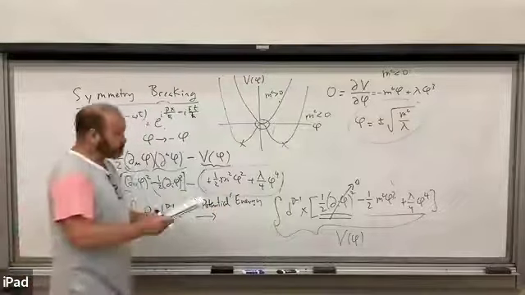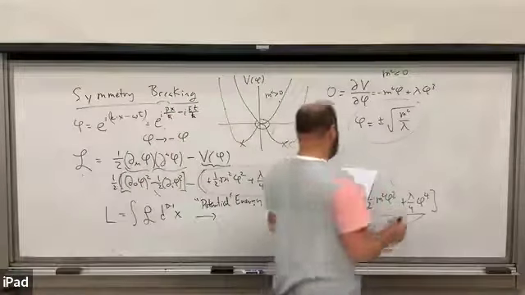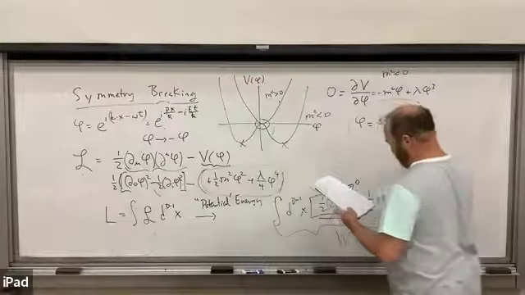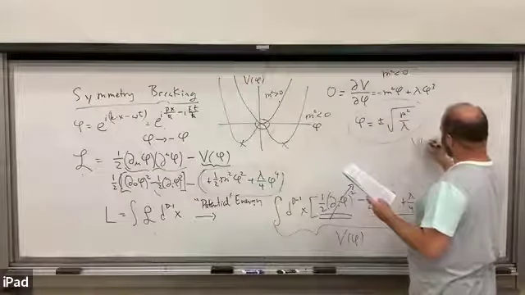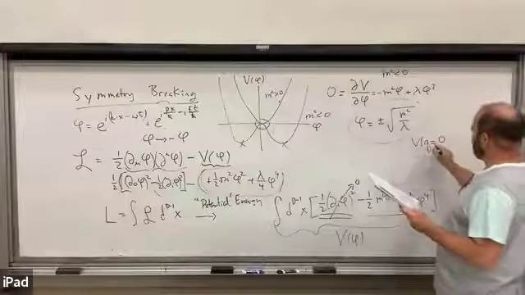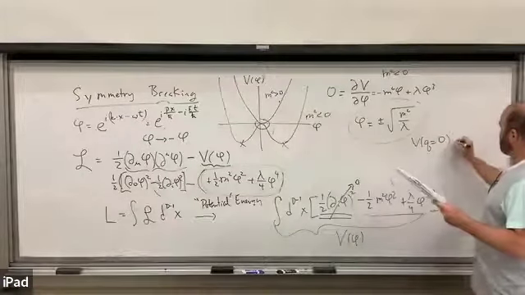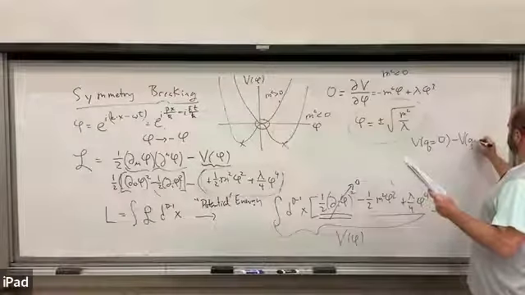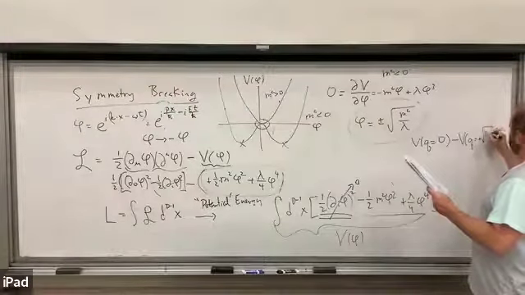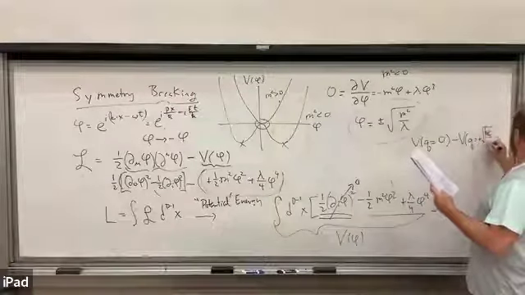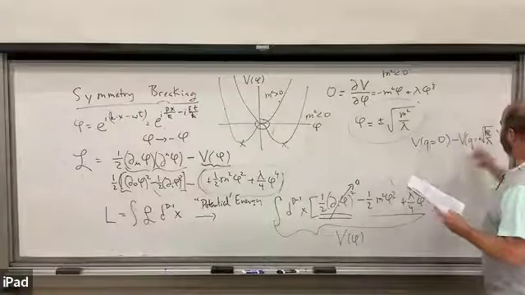Now, in this case, let me go back to ordinary quantum mechanics. When I have V as a function of Q, there's a barrier like this.